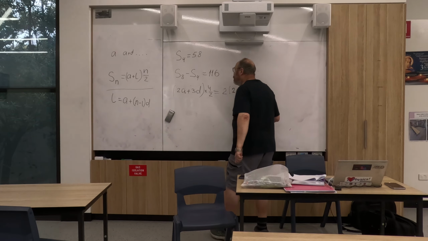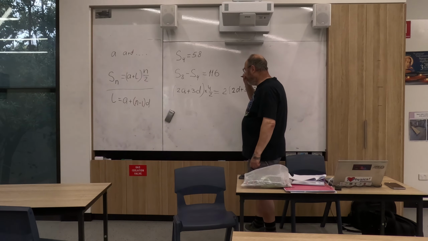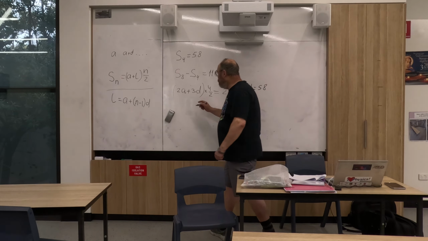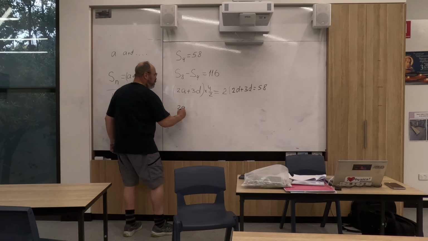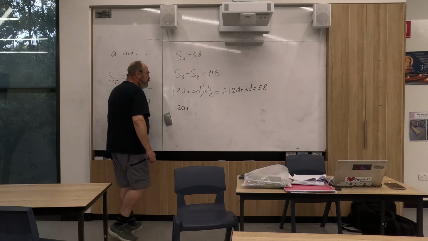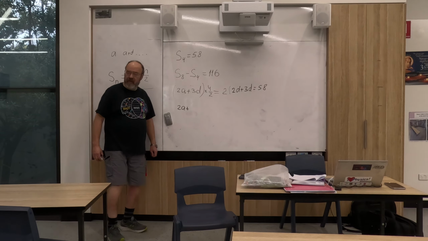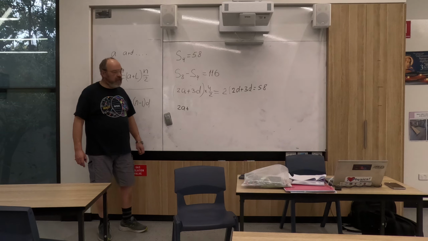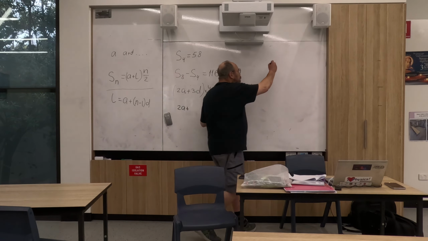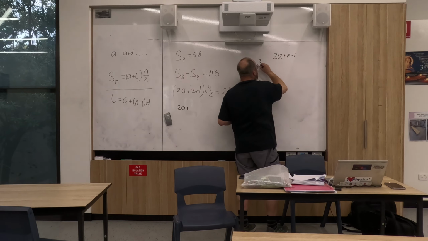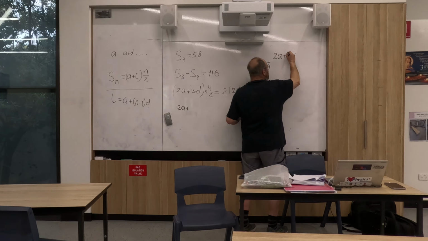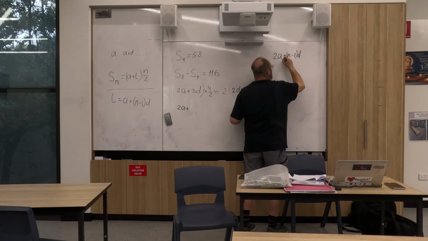So what will S8 be? It will be 2a plus how many d? In the formula again, Sn equals 2a plus n minus 1 d, divided by 2, times n.